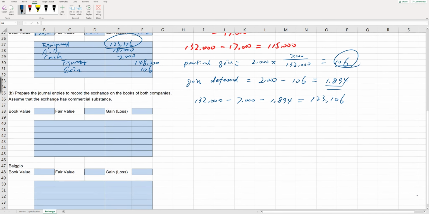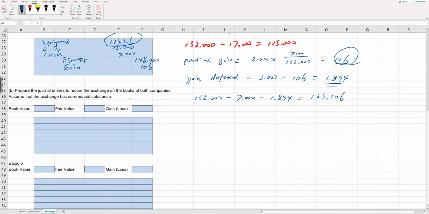And part B, in fact, is much easier because now we have commercial substance, so all the gains will be recognized. All the gains will be recognized. So we're going to do the same thing. It's the book value for the assets, and this is the fair value. So the total gain will be recognized. $17,000 will be recognized.